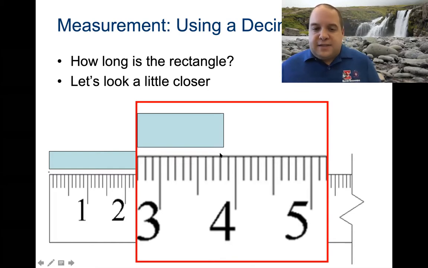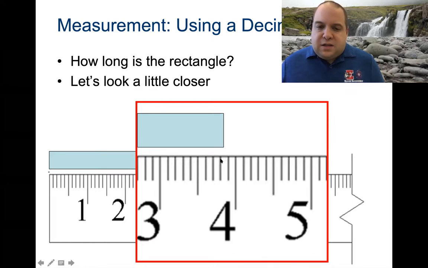You have to pretend that in between these two lines, this being 3.8 and this being 3.9, there are 9 little lines in between, just like there are 9 lines between the 3 and the 4.